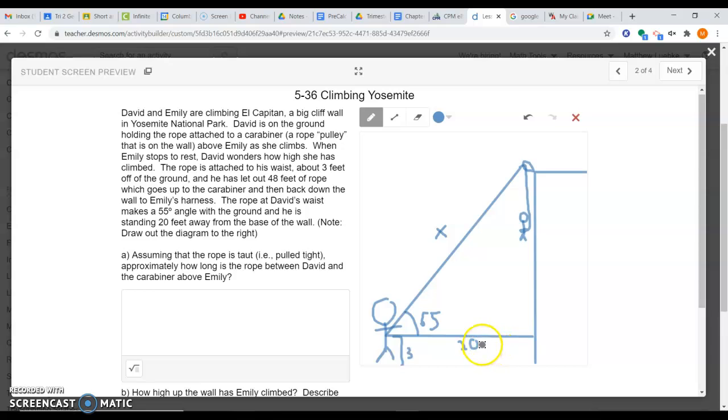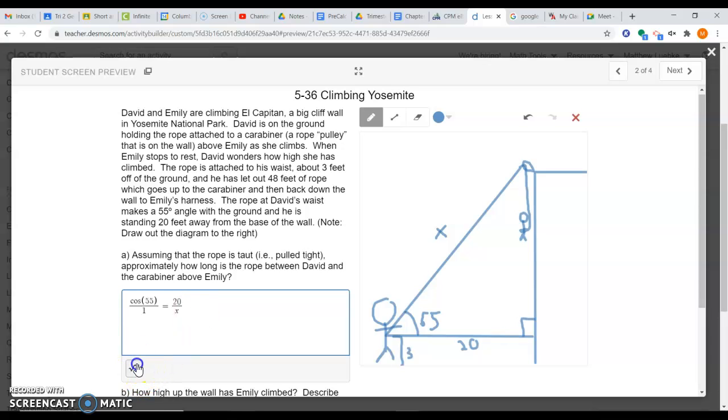I notice that I have my adjacent here, because my 90 would be right here, and I have my hypotenuse. Adjacent and hypotenuse tells me this is a cosine problem. So cosine of my angle, 55, equals adjacent divided by hypotenuse, which is 20 divided by x.